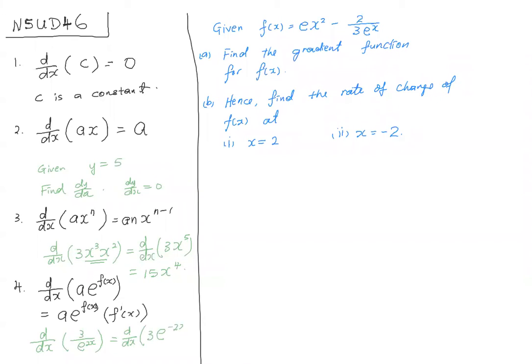Okay, then tell me the answer. Yeah, 3 e power of negative 2x times negative 2. Yeah, because the derivative of negative 2x is negative 2. So you simplify it. It becomes negative 6e to the power negative 2x.